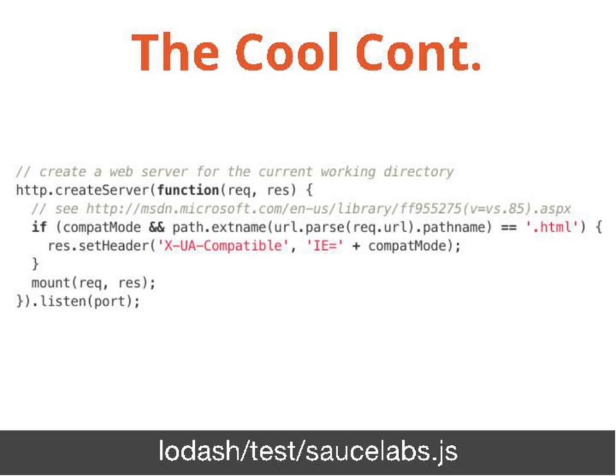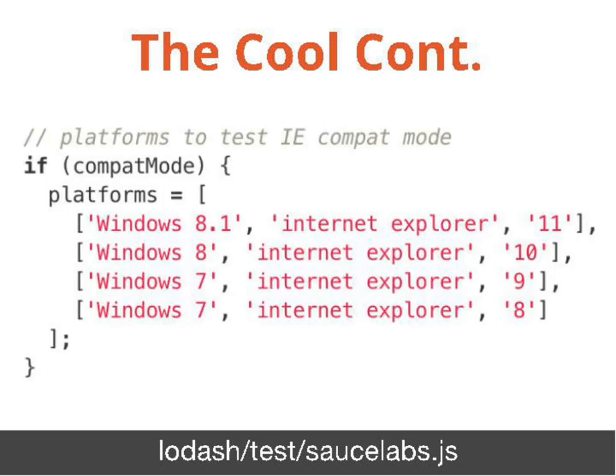Now, then the next thing that's cool is that you can actually tailor your environments. So I knew that if I am in a compat mode, I'd only want to be testing the browsers that it's relevant to. So basically all the modern or the newer browsers. So like, I shouldn't really say newer. All the browsers that support compat modes, because look, IE8's in that list too, and that's definitely not new. But it allows me to filter the list.